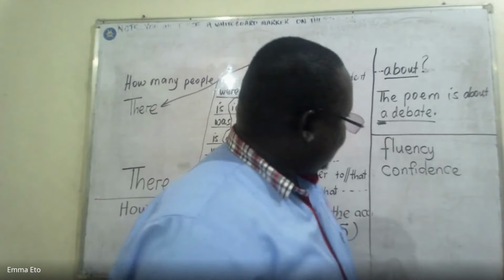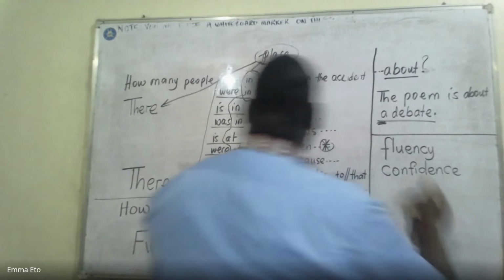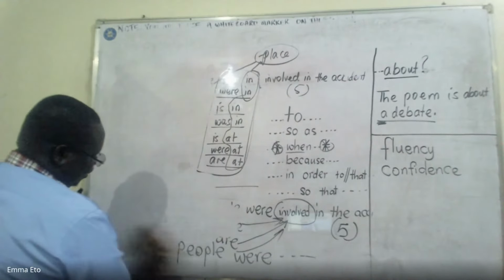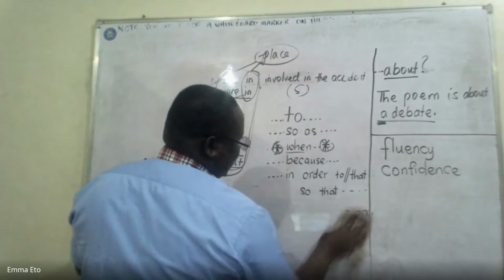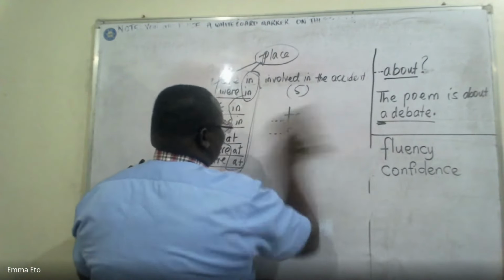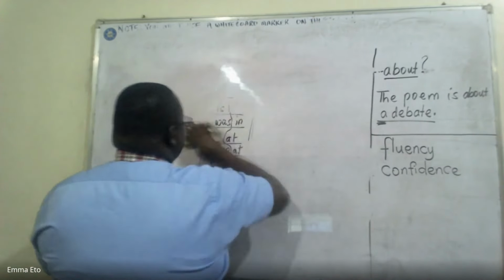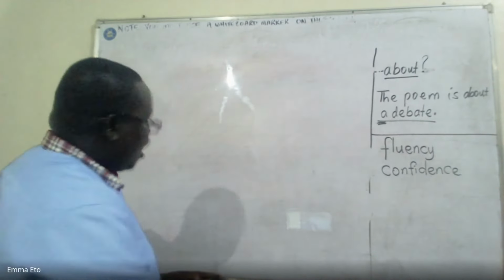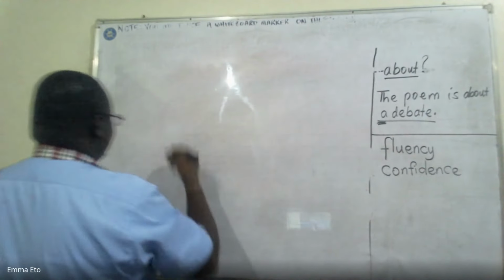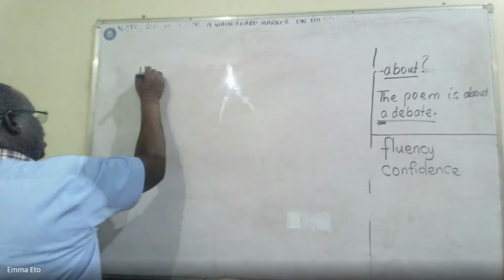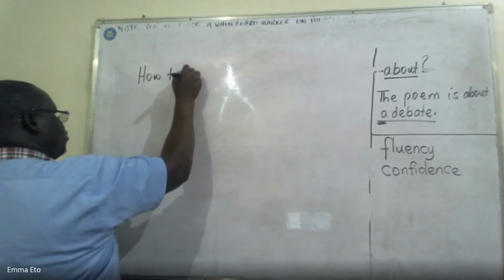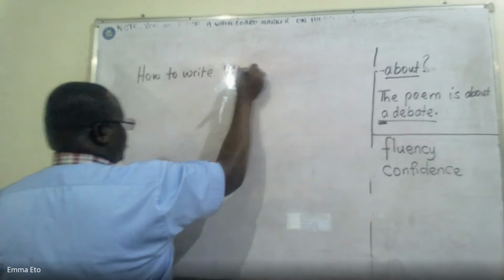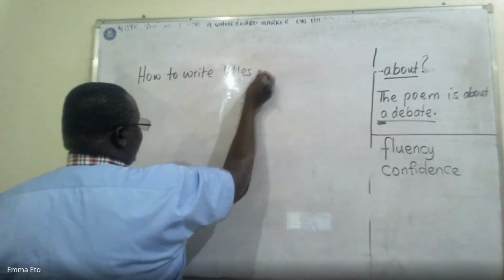And then suggesting titles. This is one of the cheapest numbers where candidates get marks and also lose marks. Now, you may note somewhere, as a candidate, how to write titles. How to write what?